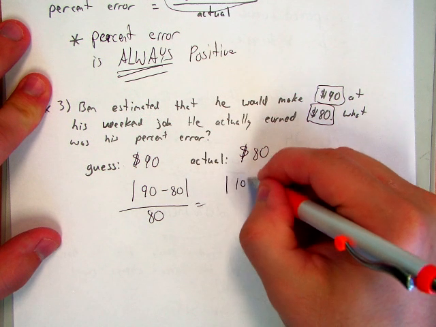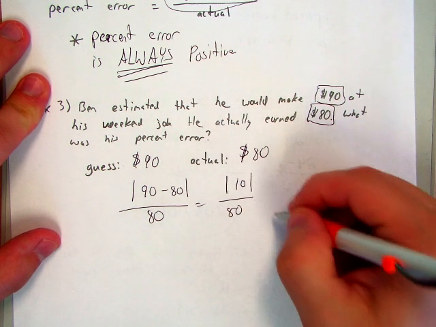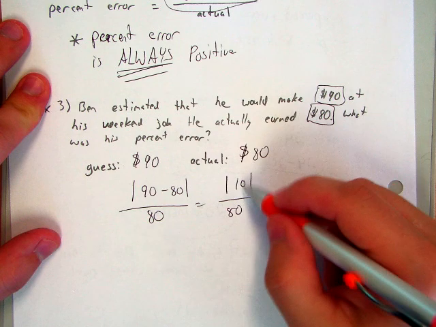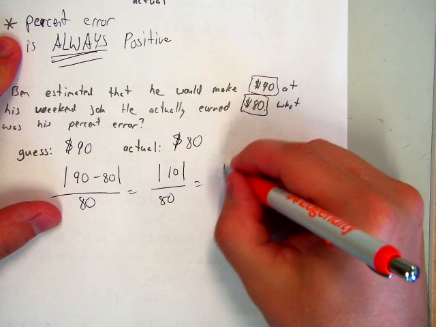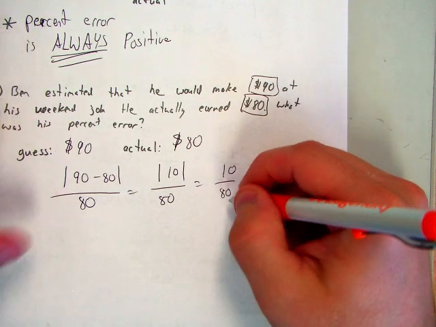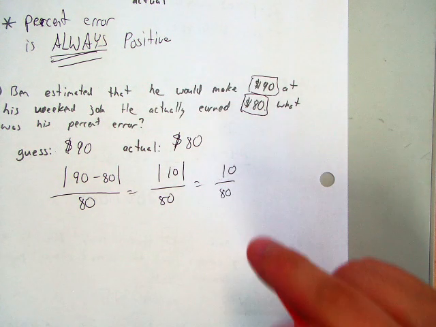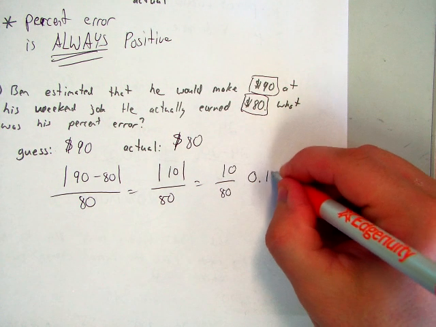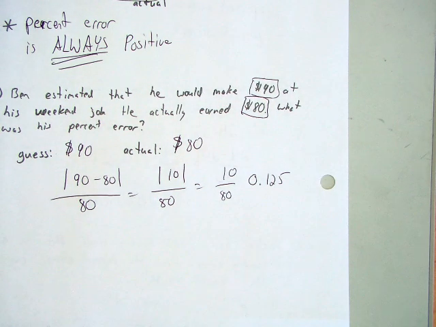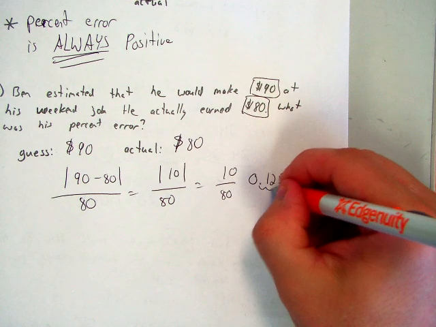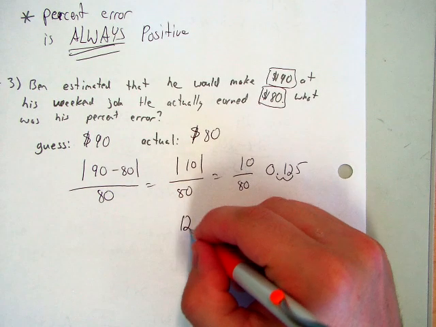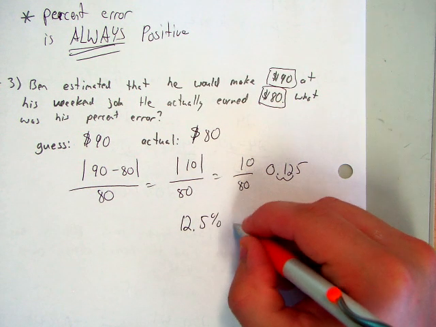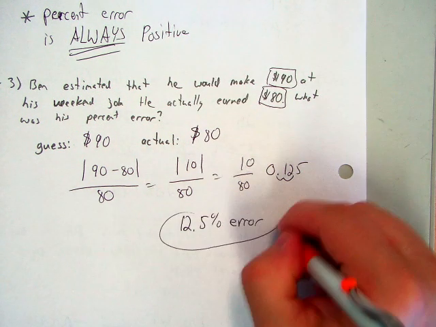We're going to be looking at the absolute value of 10 over 80. Now, 10 is already a positive number, so the absolute value of 10 is just going to get me 10. And if I do 10 divided by 80, I get 0.125. Move the decimal point to the right 2 places to get to a percent. So 12.5% error.